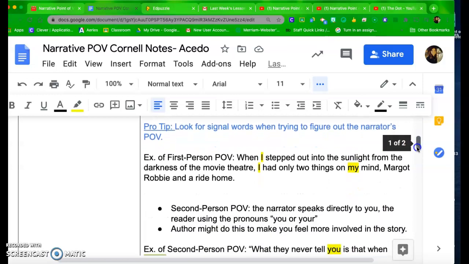If we're thinking about first-person point of view, I want you to think about it as a video game, like a first-person shooter game. Sometimes in first-person shooter games, we can see the camera attached to our character.